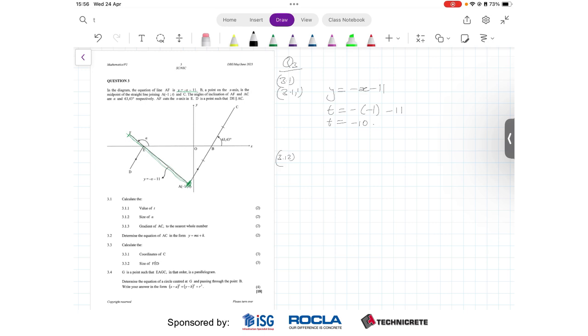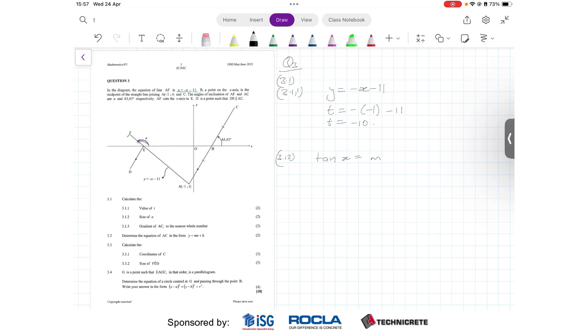3.1.2, we are asked to calculate the value of alpha, this angle right here. Now, we know that in order to find the angle that a straight line makes with the x-axis, we may use the trigonometric function: tan of whatever angle, let's call it x, is equal to the gradient.